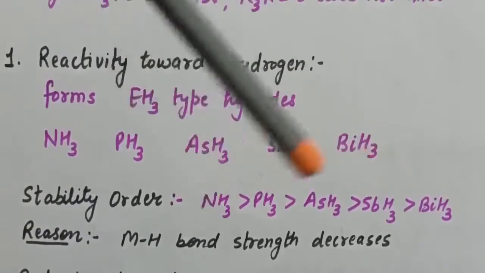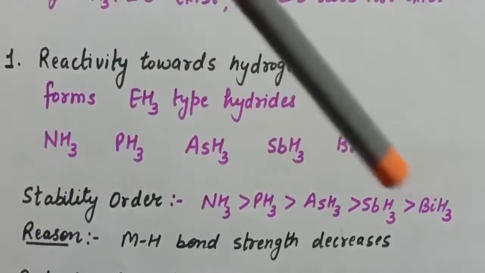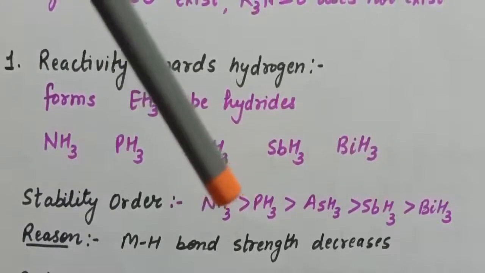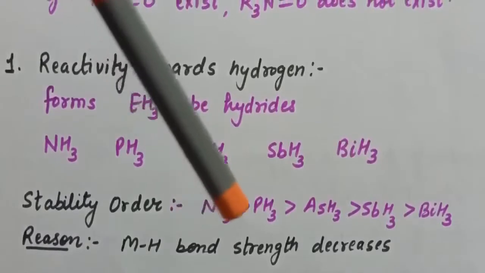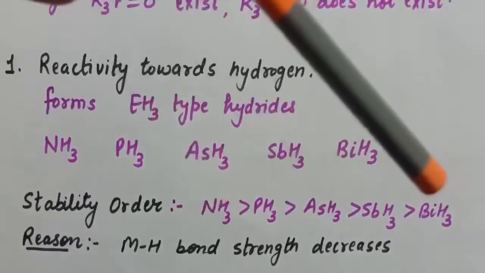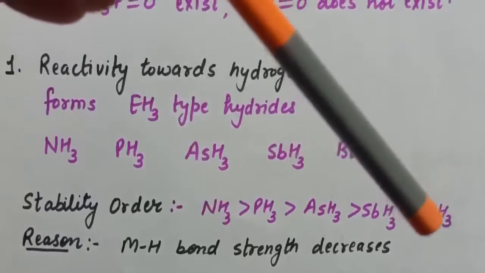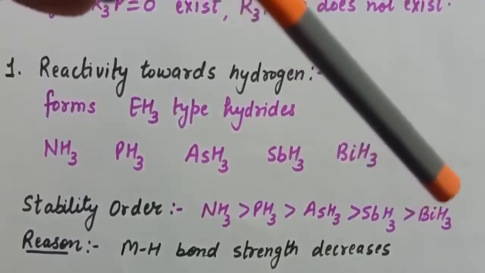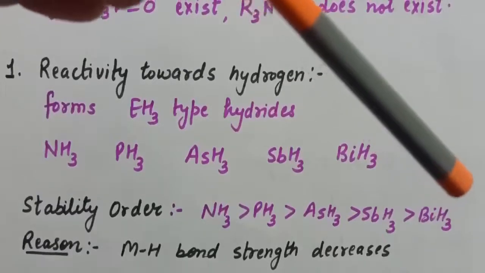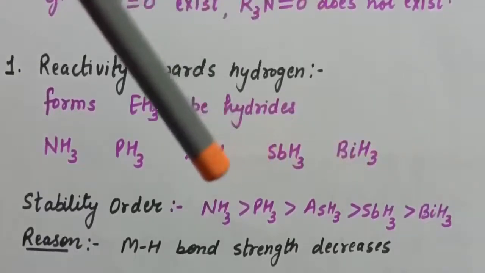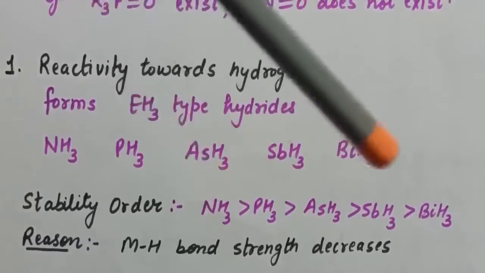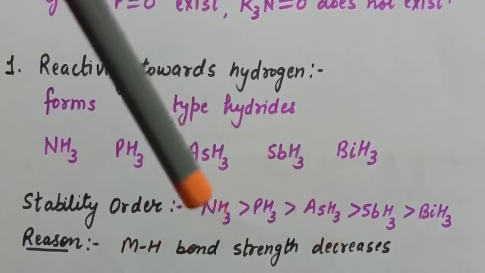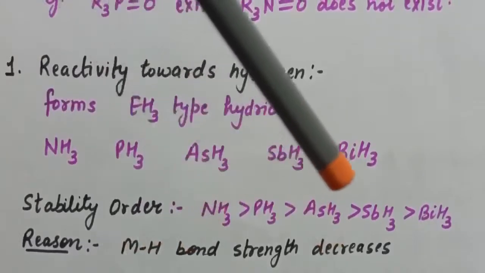Therefore, the bond strength between nitrogen and hydrogen in case of NH3 is more, whereas in case of Bi and H, the bond between bismuth and hydrogen is weak due to large size difference between bismuth and hydrogen. Therefore, we can say that when we move from nitrogen to bismuth, the M-H bond strength decreases, and that is why the stability of these hydrides decreases in this order.